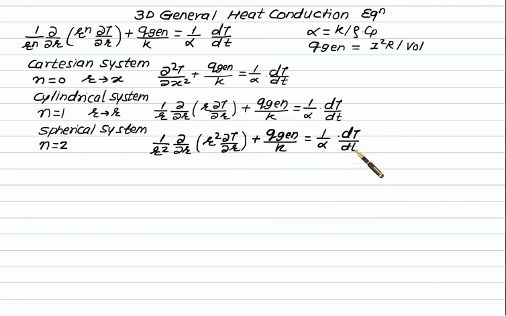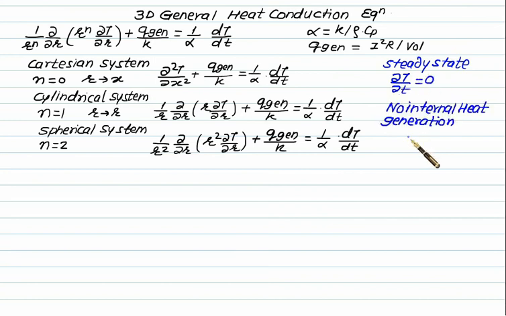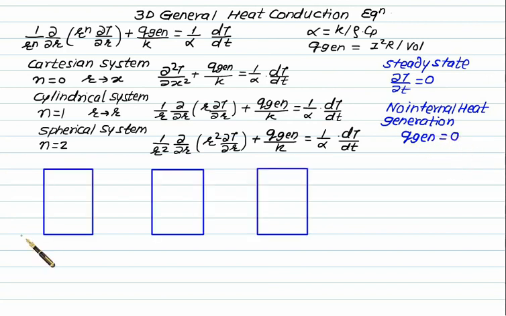For steady state, the derivative of temperature with respect to time will be equal to 0. For no internal heat generation, we have to take Q generation equal to 0. If you are given a plate and both wall temperatures Tw are equal, in that case the maximum temperature will occur at the center.